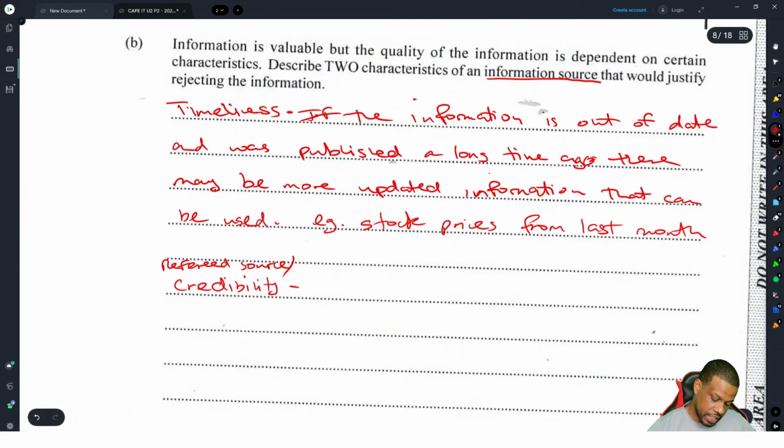So that's timeliness. Next is refereed source or credibility.